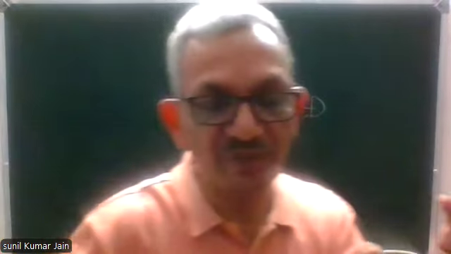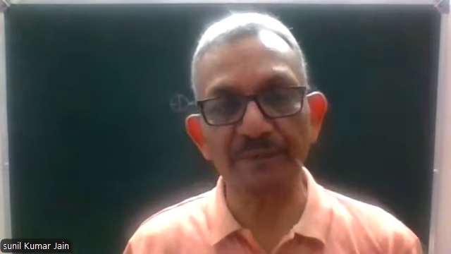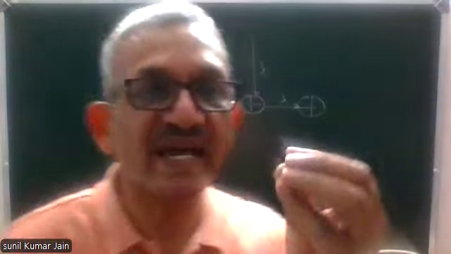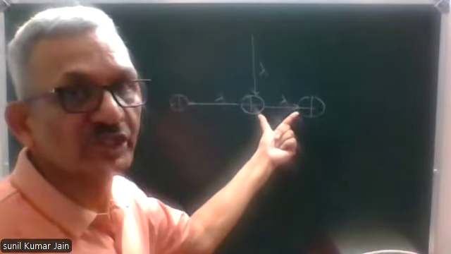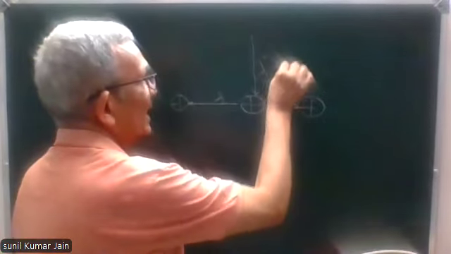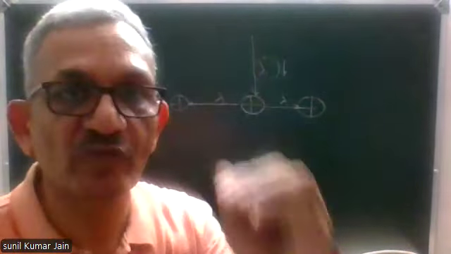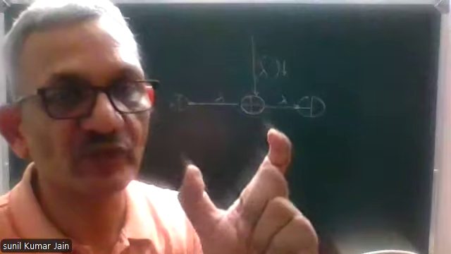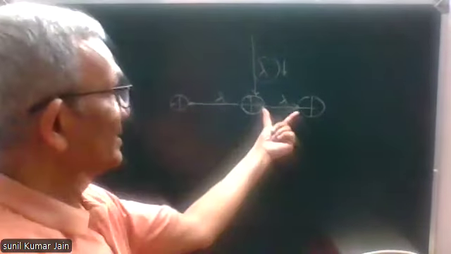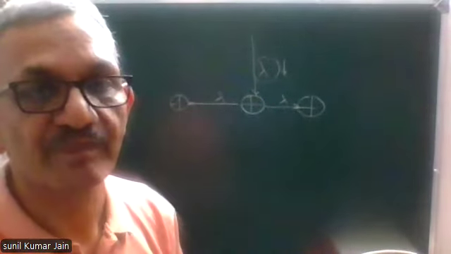So minimum error will be equal to the wavelength of the radiation used to see that particle. Now, how can I minimize this error in locating position? For that, I can use radiation of low wavelength. If I use radiation of low wavelength, this error will be minimized.